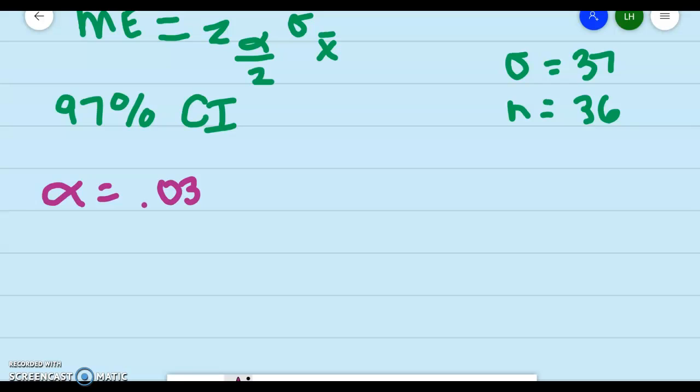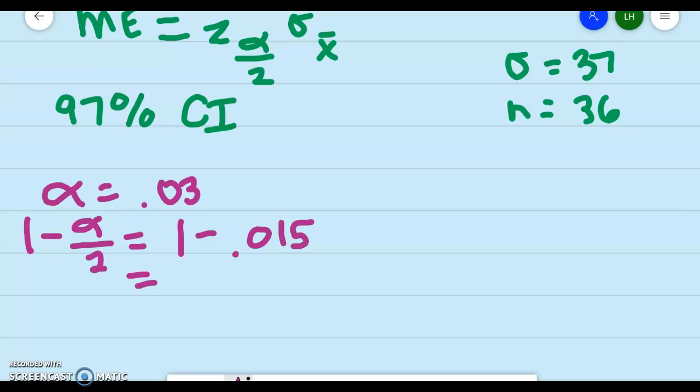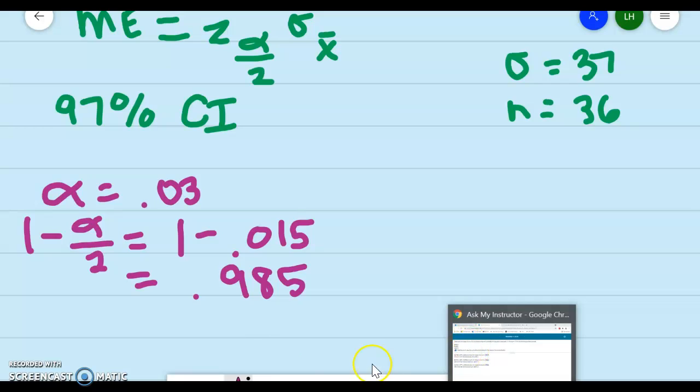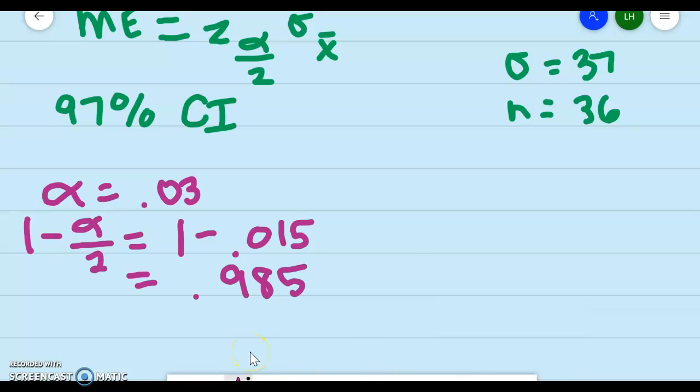So we need to look up on the table 1 minus alpha divided by 2, which is 1 minus 0.015. So when we go to our table, we're looking for the z value associated with 0.985. Let me explain what that means.